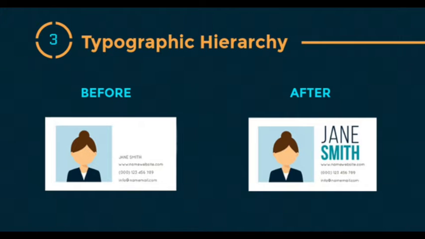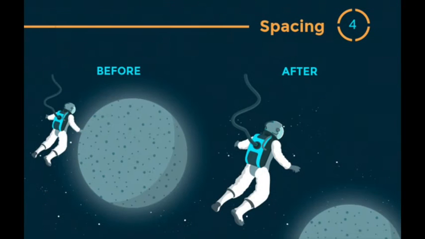Type hierarchy organizes and gives order to the text elements in your design, just as web designers and web developers use something called header tags, which are like H1, H2, and H3, and so on, to organize the importance of the text. Visual hierarchy uses visual cues.